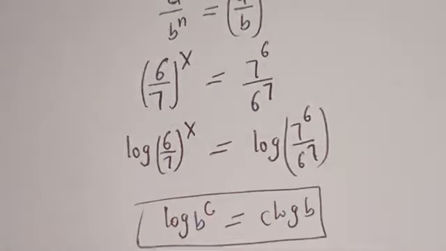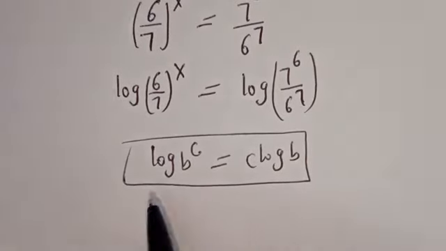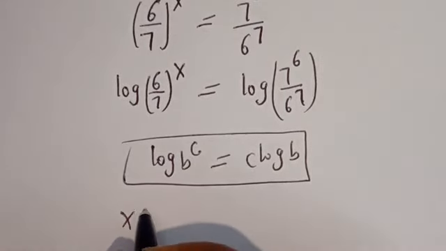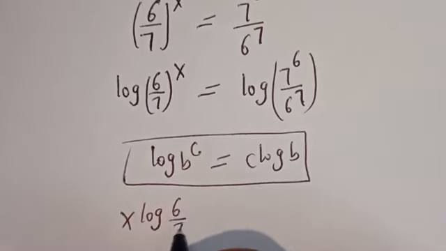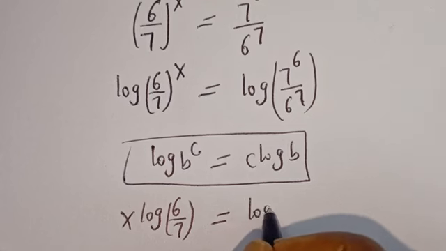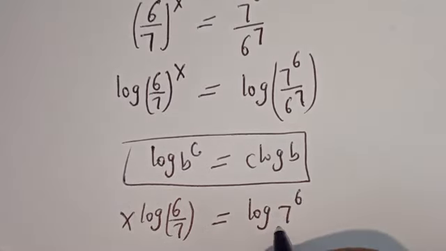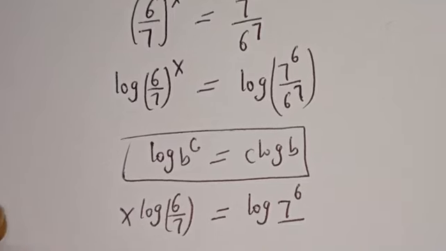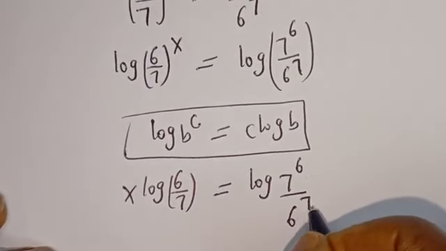Then this can be written as x log of 6 divided by 7 is equal to log of 7 to the power of 6 divided by 6 to the power of 7.